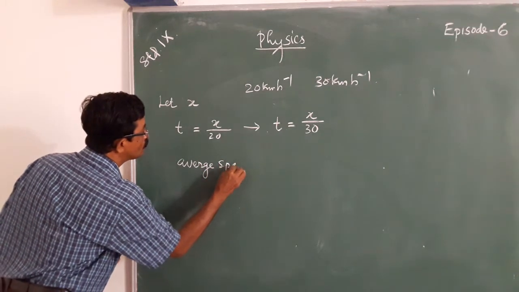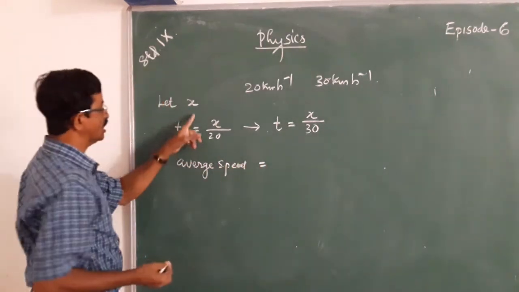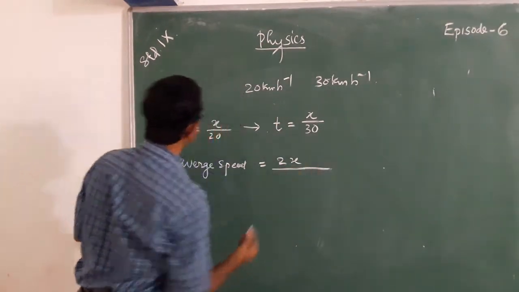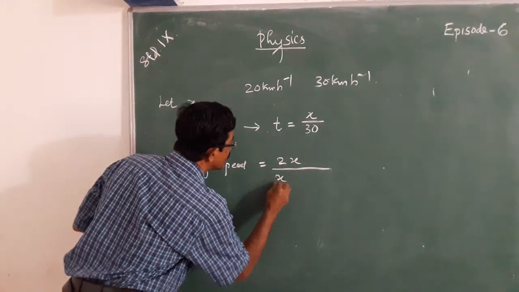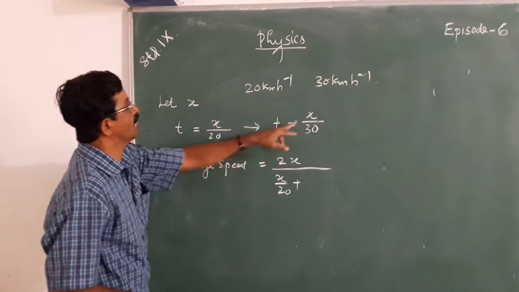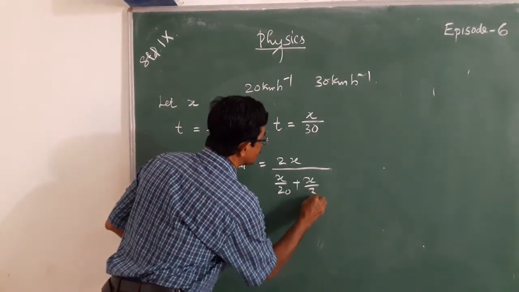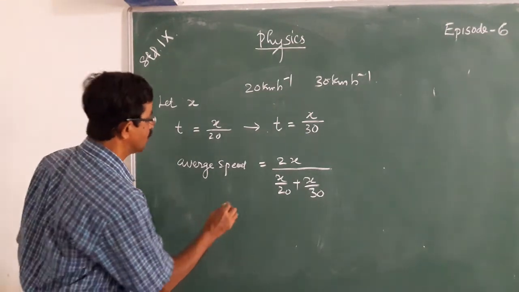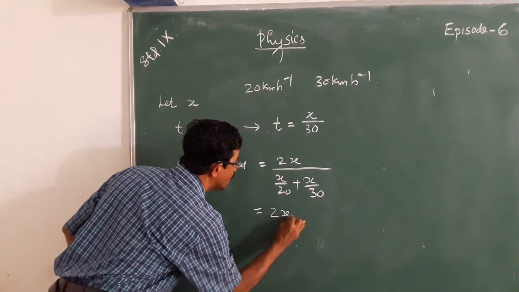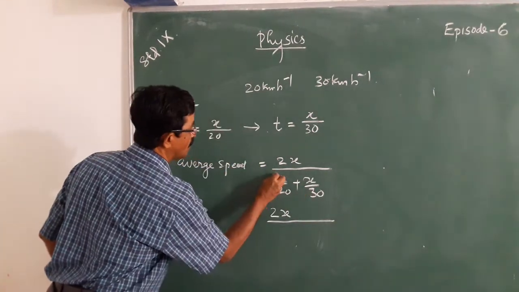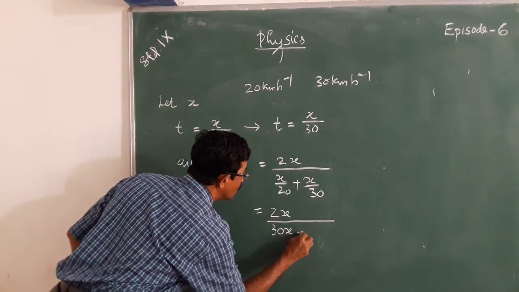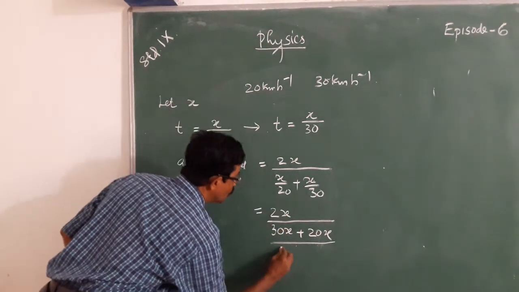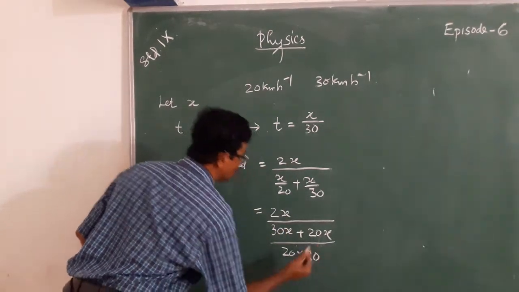Average speed equals total distance, that is x one side and x return, that is 2x, by total time. First time x by 20 plus return time x by 30. This simplifies to 2x by, cross multiplying, (30x plus 20x) by 20 into 30.